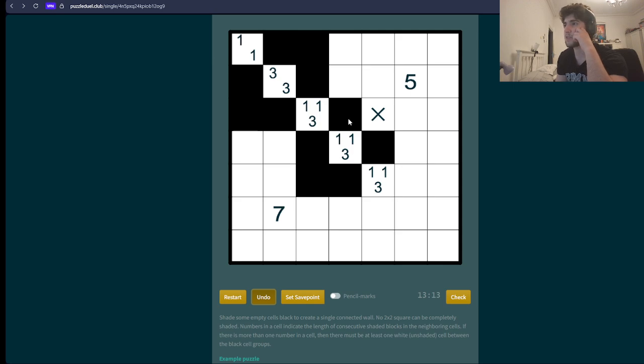Actually, it is, because how are you going to connect all of this stuff over here to this black cell here? It's just not really possible, right? Because the only ways you can do it are going around like this to get to this black cell, and that would take more than 5 of these cells.